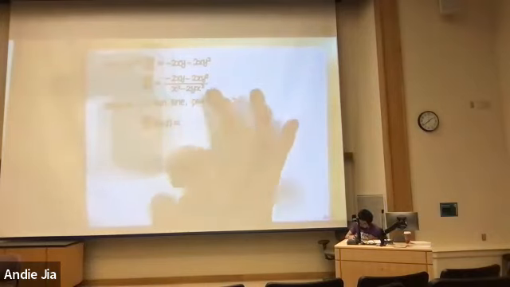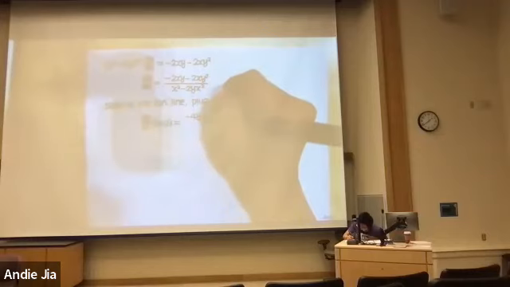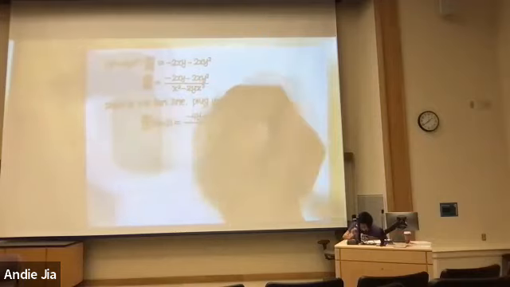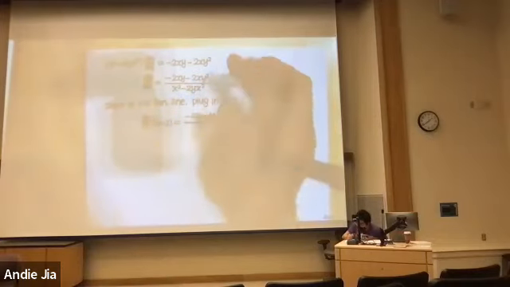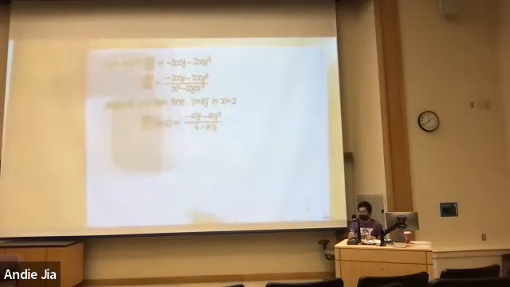It's going to be like a negative 4y minus negative 4y squared. This expression is going to be 4 minus 8y. This is like the slope of the tangent line. Just leave it there. Okay.